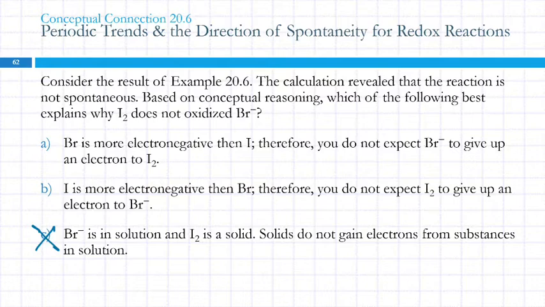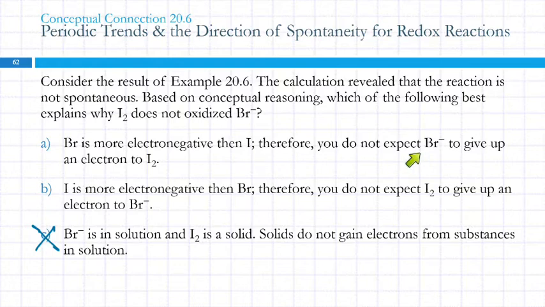So which is more electronegative, bromine or iodine? Bromine, because bromine is above iodine on the periodic table. So bromine is more attractive to the electrons.